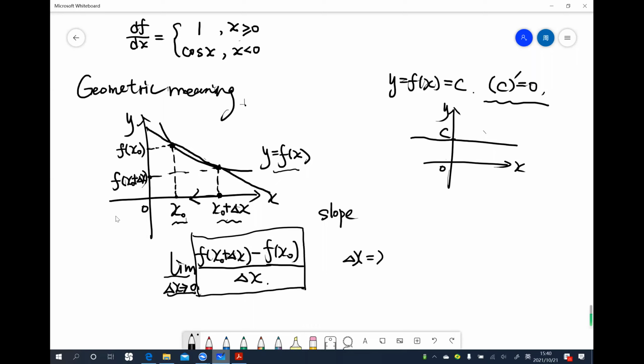Delta x approaches 0, that means this point moves to x0. So here we get a tangent line of the function. So here, the geometric meaning of the derivative means the tangent slope.